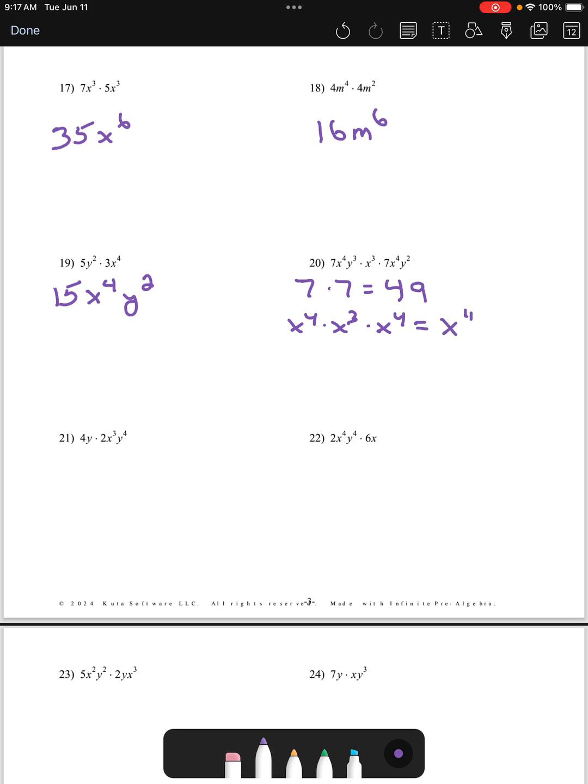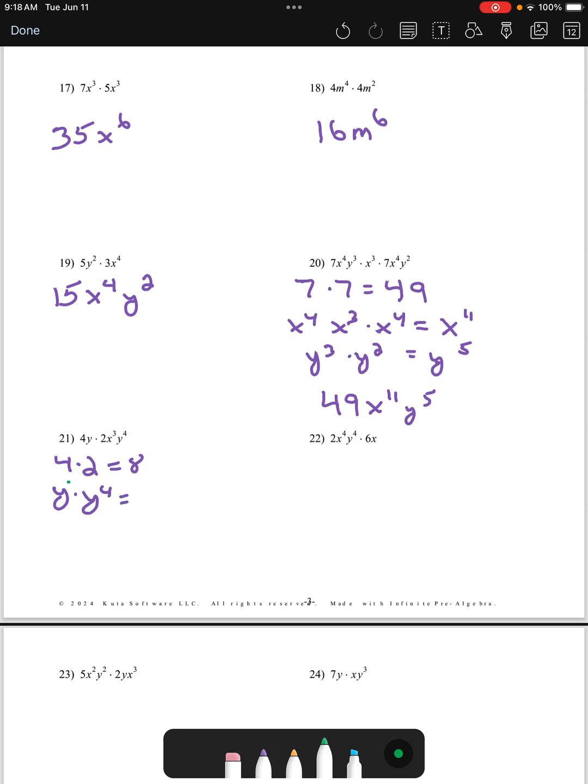All the x's can be combined into a single x by adding all three exponents. So 4 plus 3 plus 4 is 11. There are also y's in this problem. There's a y to the third, and there's a y to the second. 3 plus 2 means we have y to the fifth. Final simplified version of number 20 is 49, x to the 11th, y to the fifth.